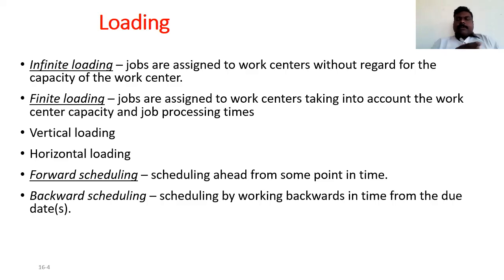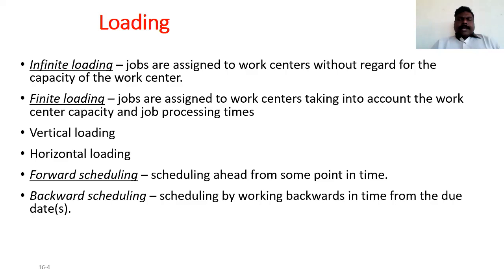If you are planning like that, that will be forward scheduling. Backward scheduling is working backwards in time from the due dates. Suppose on the 15th we have to deliver some goods to a particular customer. The due date is the 15th, and we have to start working from today. That is the planning that scheduling does.